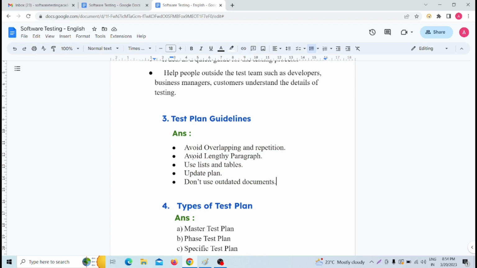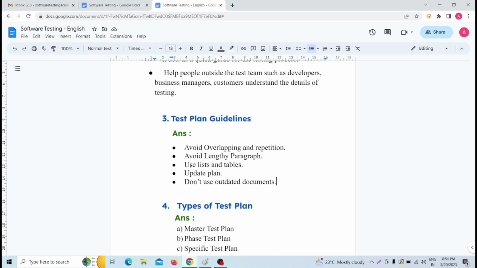The paragraph should be small and easy to understand. So if a customer or a non-technical person sees my test plan, then he can easily understand what the testing process is, how we test the software, what the activities are, everything he can observe, follow and understand.